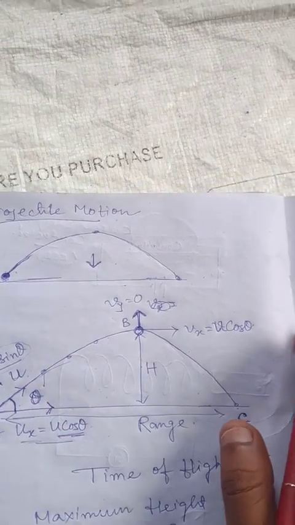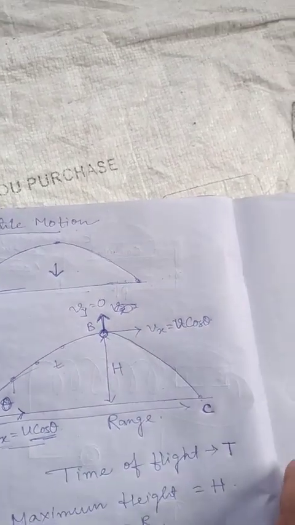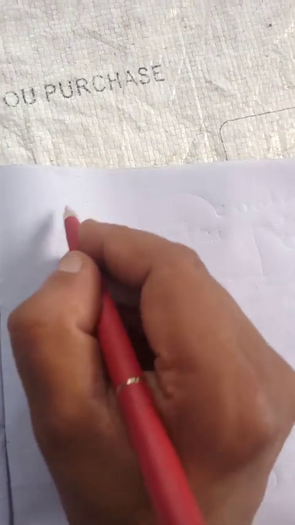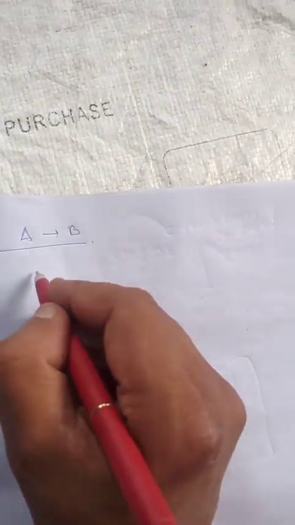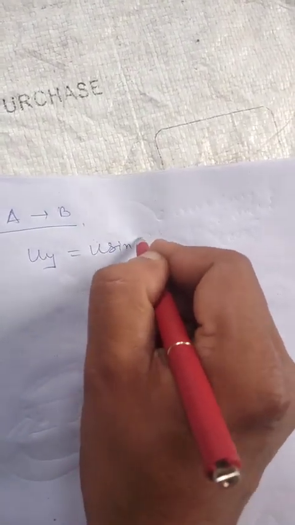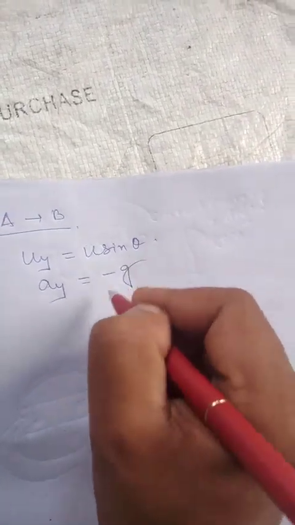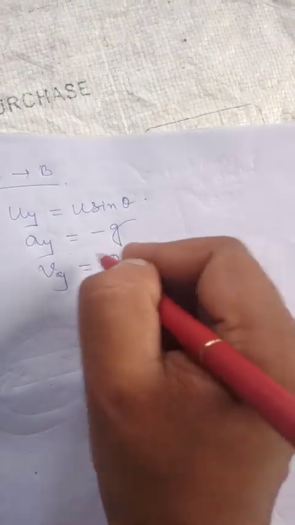Clear? If t is the time taken to reach the maximum height, then from A to B we have uy equal to u sin theta, acceleration ay equal to minus g, and vy at maximum height equal to 0.